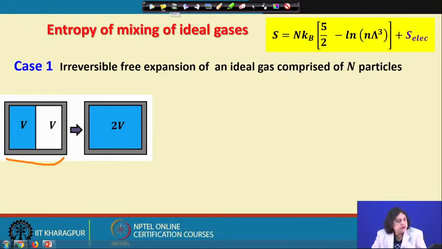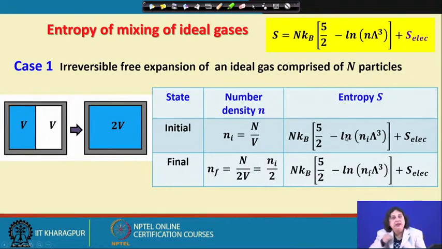Now, in this particular case, we have to consider that in the initial state, capital N particles are present in a volume V of the gas, of the blue gas, and therefore the initial number density is N by V. So, using the Sackur-Tetrode equation, I can write down the entropy of the system in the initial equilibrium state.